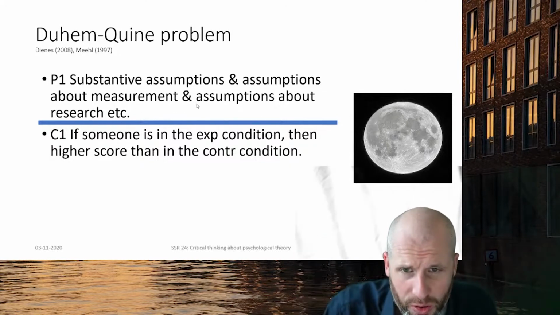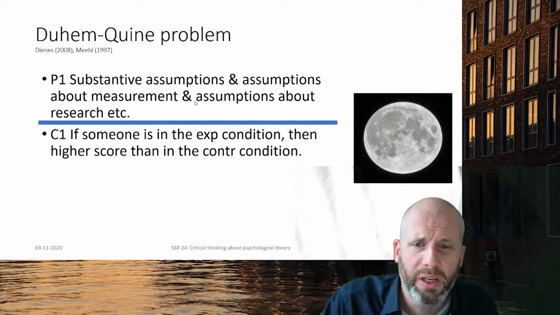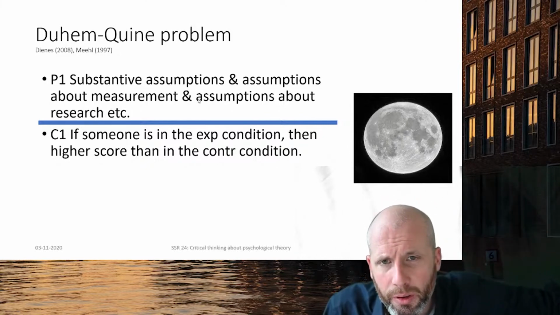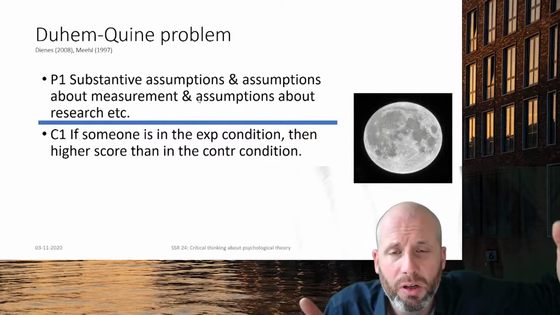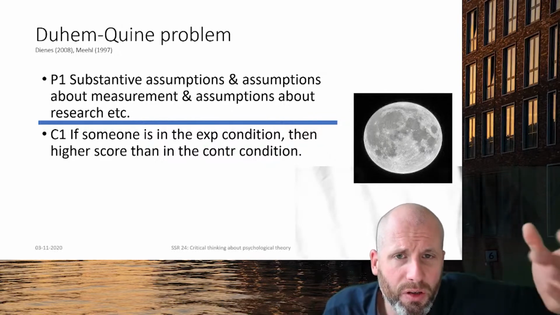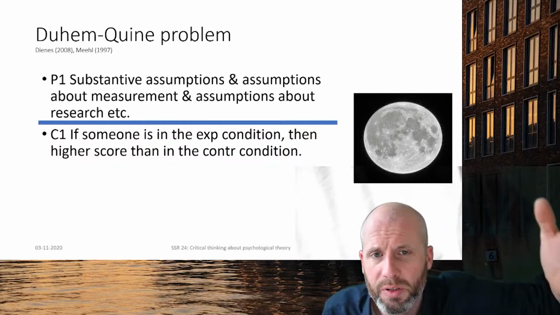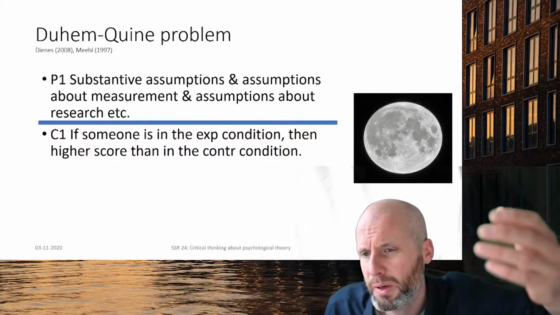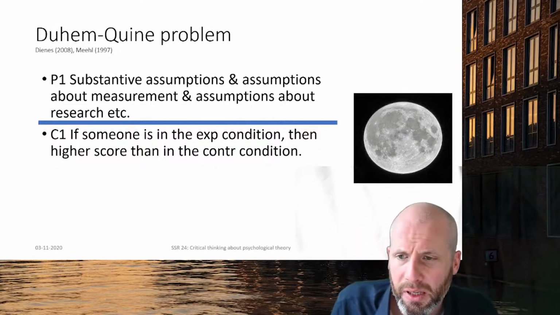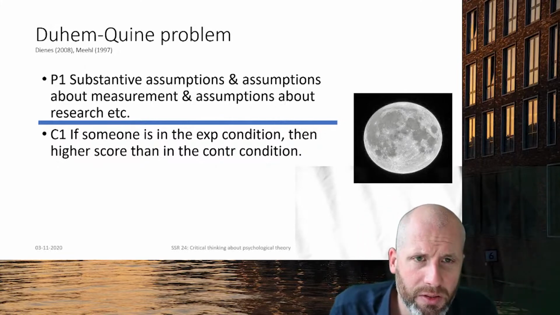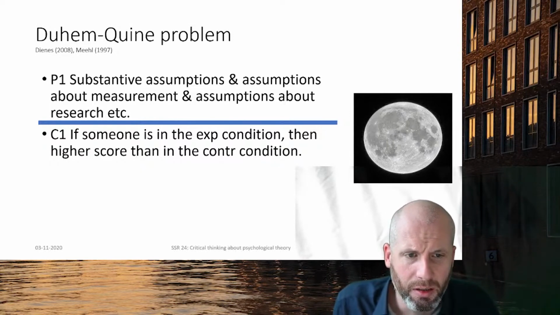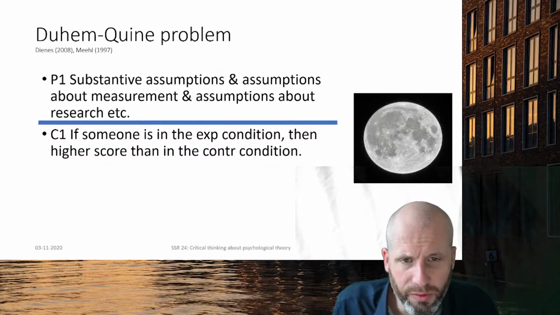If all those hold, then we can expect these results. And if those results do not occur, it's still unclear which of those assumptions are falsified. Are the assumptions about the theory? Are the assumptions about proper measurement? Are the assumptions about proper sampling, etc.? There's a whole bundle of assumptions together with your theoretical assumptions that are tested in trying to falsify your predictions.